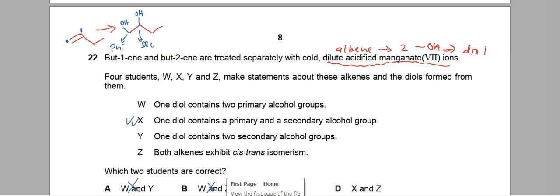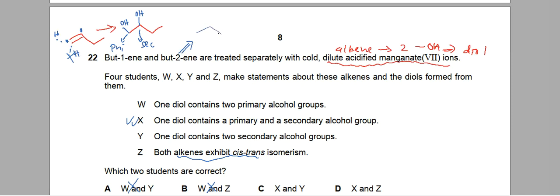Both alkenes exhibit cis-trans isomerism. This one has no cis-trans isomerism because it has the same group on both sides: hydrogen and hydrogen. If you have the same groups on both sides, you don't have cis-trans. But butene has cis-trans, with the double bond on the second carbon.